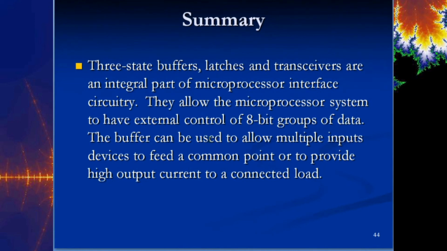They allow the microprocessor system to have external control of 8-bit groups of data, bytes. A buffer can be used to allow multiple input devices to feed a common point or to provide a high output current to a connected load. So they're all connected to the same output, which is counter to everything you learned in 112. And Quartus will throw a fit. But if you have 3-state outputs, then you can do it, no problem.